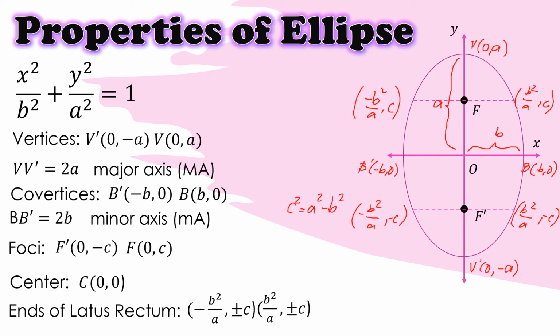The length of the latus rectum may be obtained from the coordinates of its endpoints. Hence, the length of the latus rectum is 2b squared over a. Let us have an example.